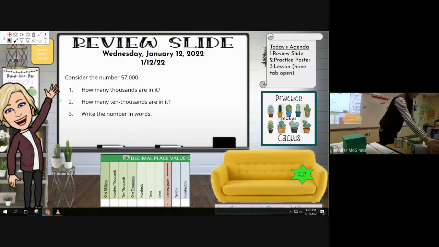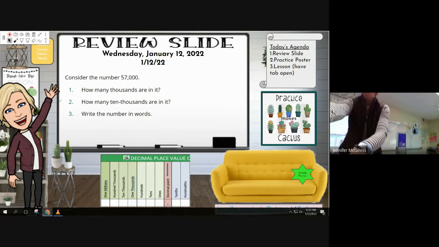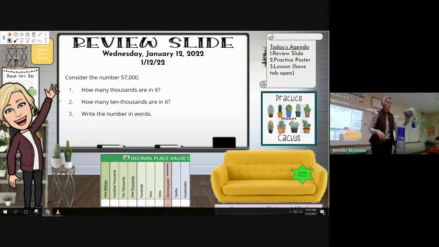So we're going to do it this way. 1, 2, 3, 4, 5, 6, 7, 8, 9, 10. What's this called again? A cube.